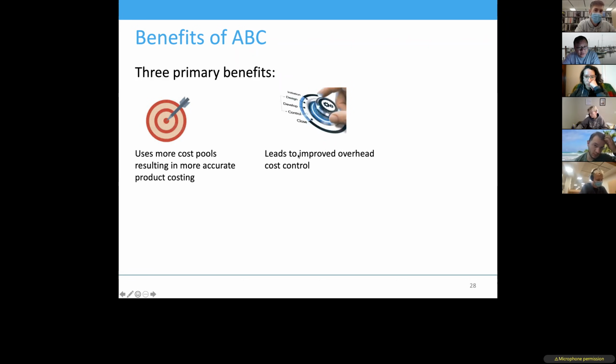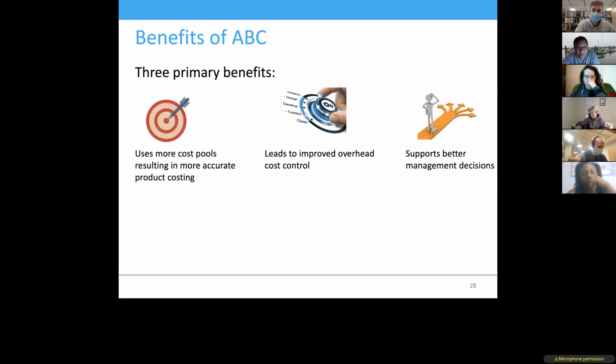And then the second one is that it leads to improved overhead cost control. So you have better control on the overhead cost. Why? Because now you can start looking into each cost pool, so you can focus on each cost pool rather than the big number. The third supports better management decisions, like I mentioned.